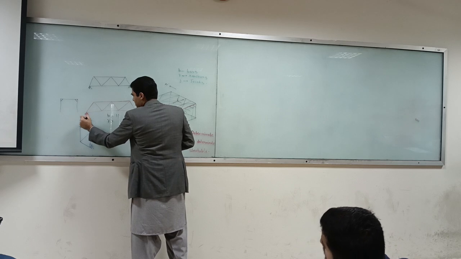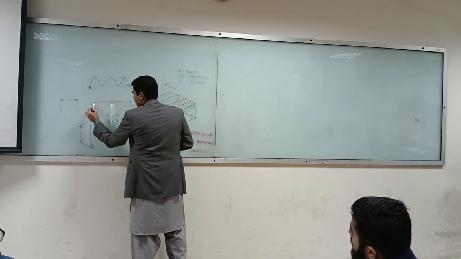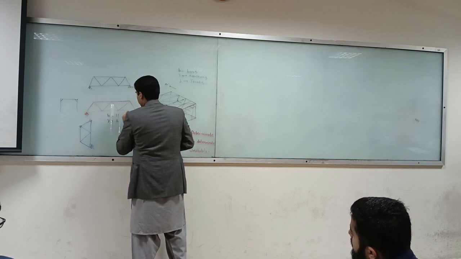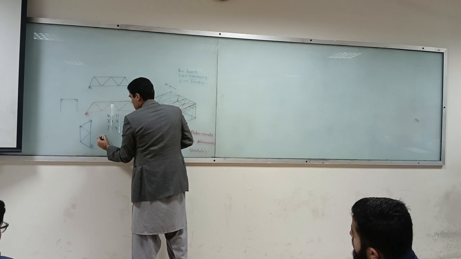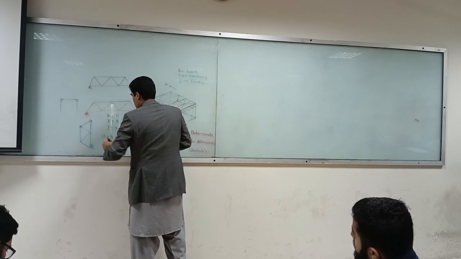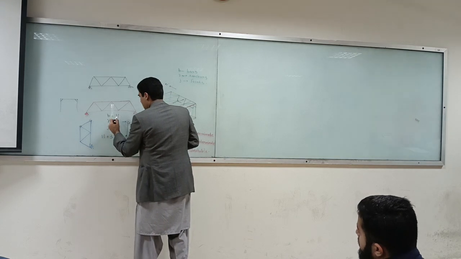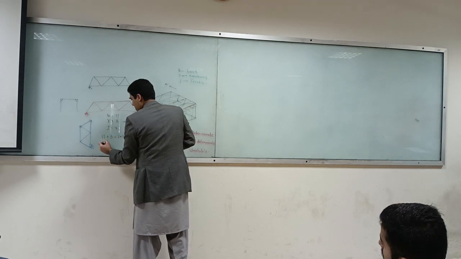R is equal to 3 reactions, one like this, and one like this. So 3 reactions and joints 7, sir? 1, 2, 3, 4, 5, 6, 7. Eleven plus 3 is 14. 14 is equal to 14.